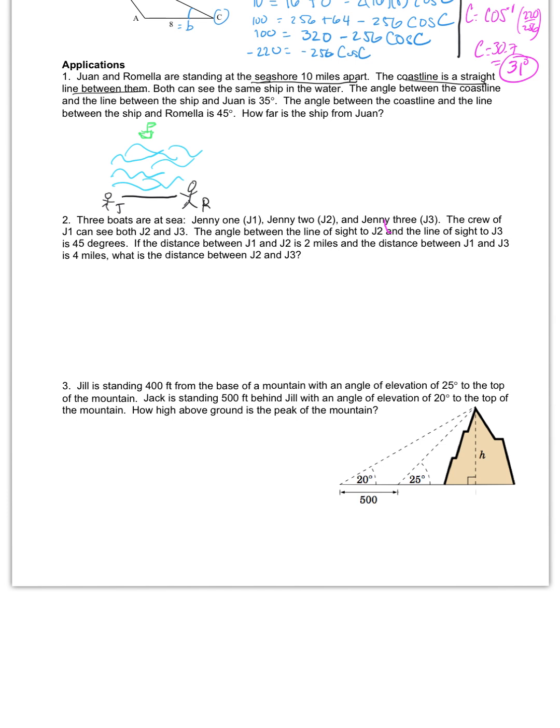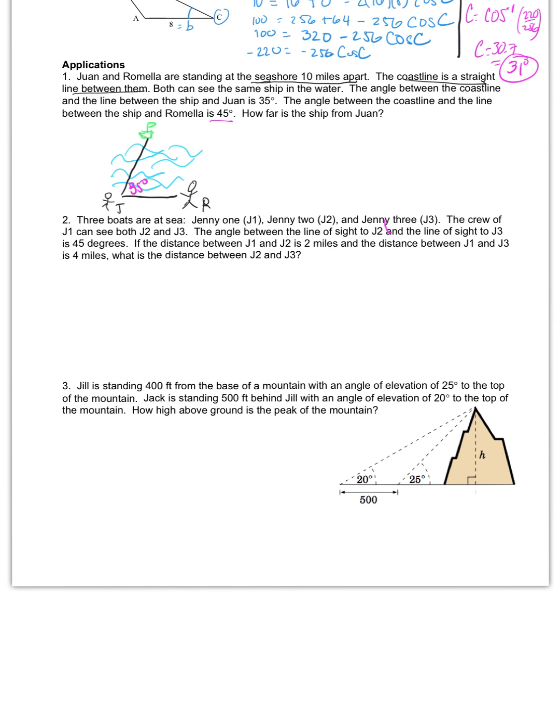The angle between the coastline and the line between the ship and Juan is 35 degrees. So that means I have to draw a line between Juan and the ship, and this angle here is 35 degrees. The next statement says the angle between the coastline and the line between the ship and Ramela is 45 degrees.